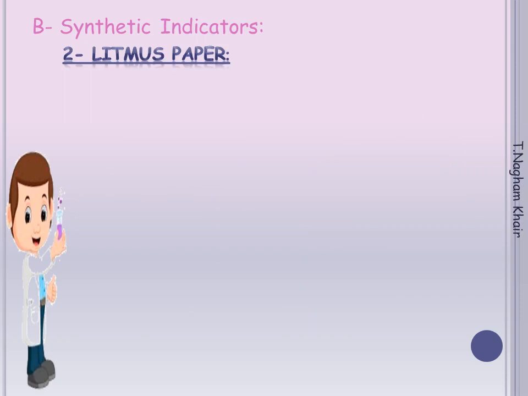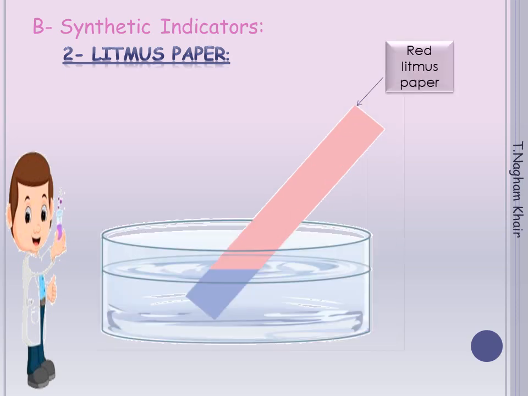Second synthetic indicator is litmus paper. We said it is of two kinds. The red one, this is red litmus paper. If I put it inside a basic compound, the color will become blue.